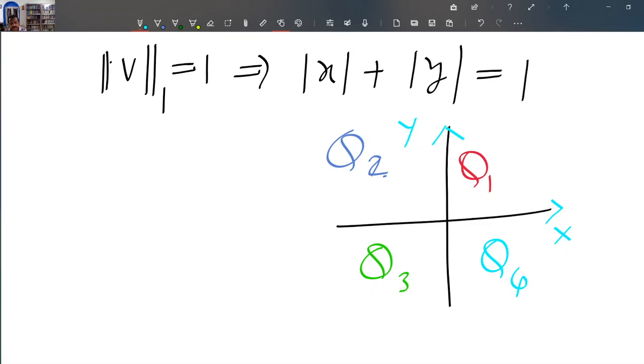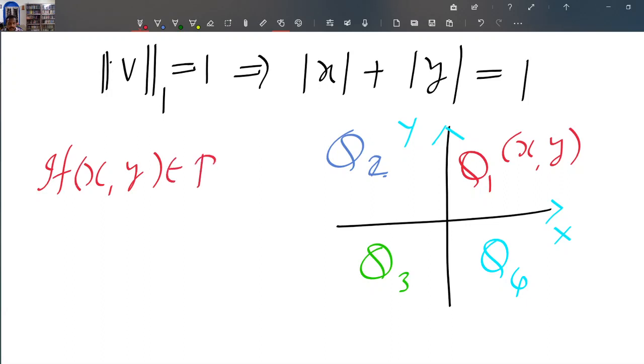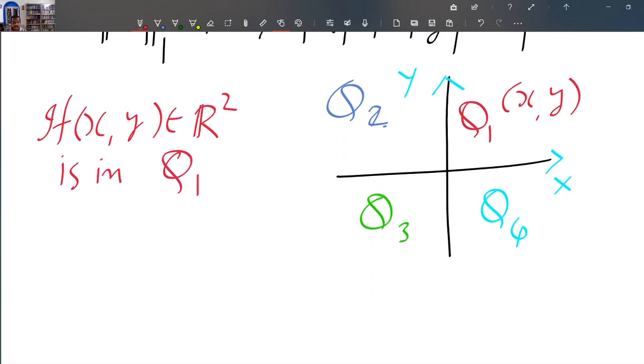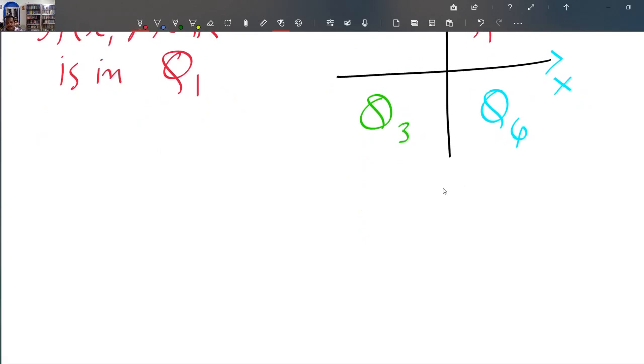So if (x, y) belongs to R2 is in Q1, the first quadrant, then you know that in the first quadrant the modulus of x is x itself and the modulus of y is y itself.